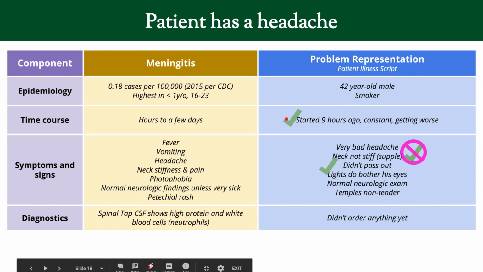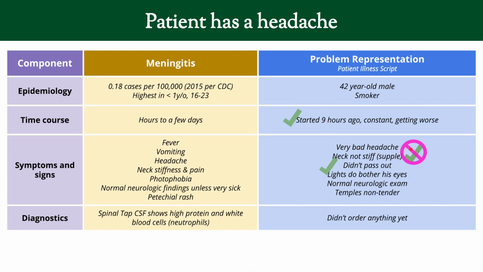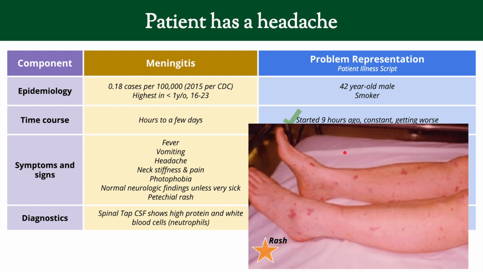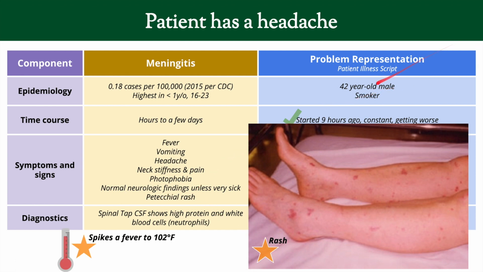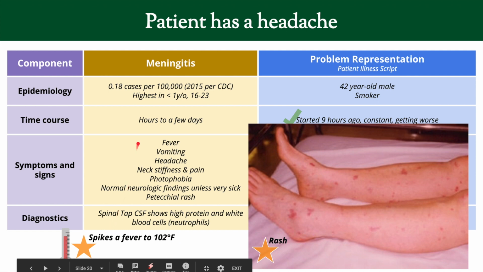So in our patient, time course matches. We are missing that the neck was not stiff, but the lights do bother that person's eyes. But let's say we also decide to look more at the patient, and the patient does have a rash, right? This petechial rash, and that's one of the key features for this. And not only do we have that, while you're doing that, the patient spikes a fever to 102 degrees.